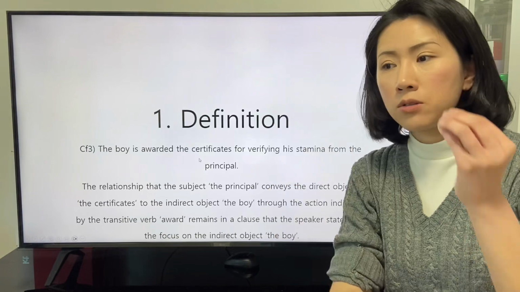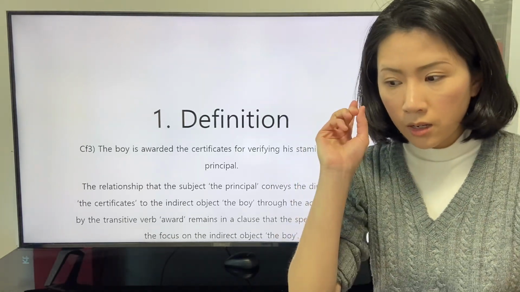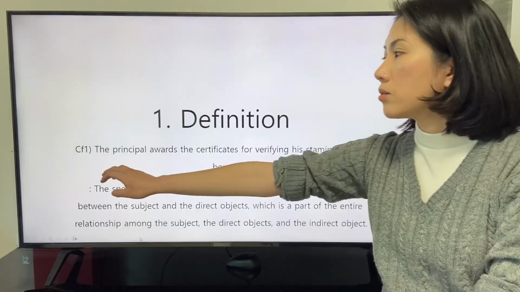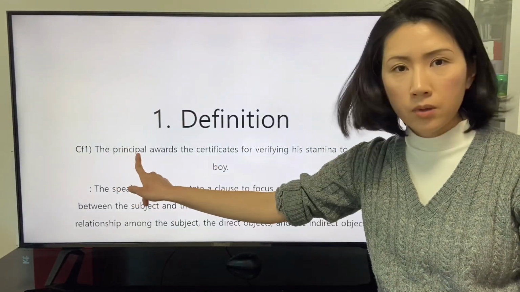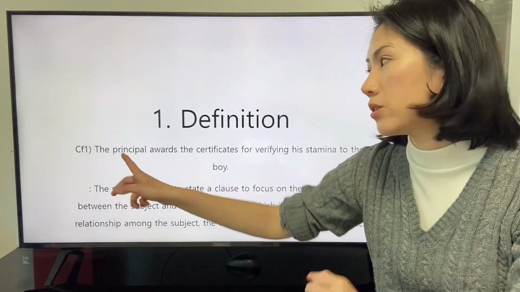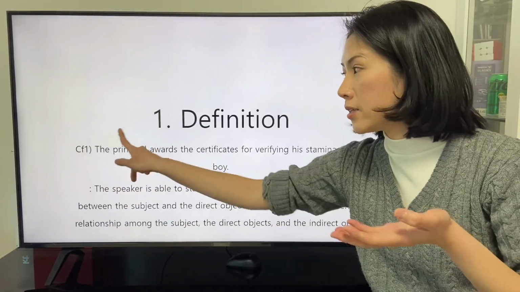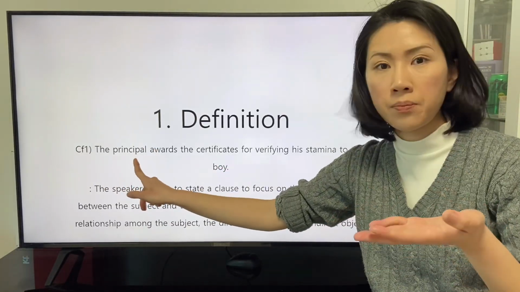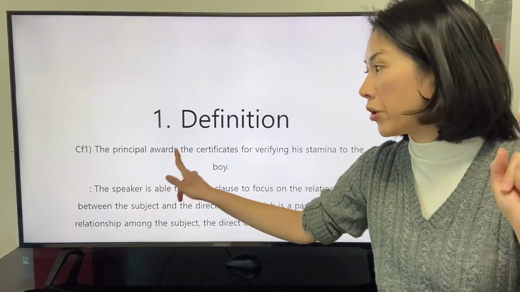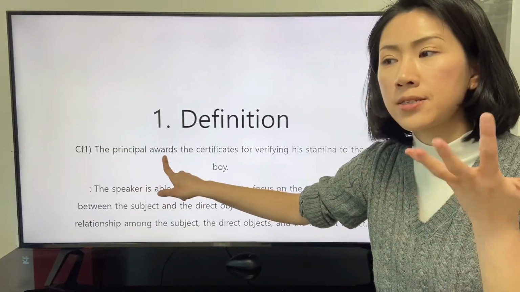Then let's find out the core word in each unit. The core word for the subject is the indication. So the core word of the subject is the noun principal. The transitive verb describes the subject as the only word.